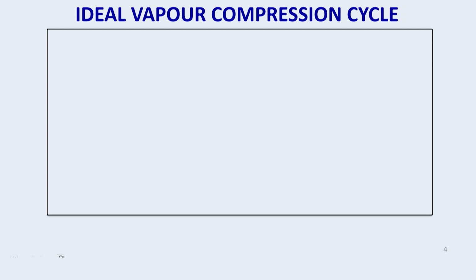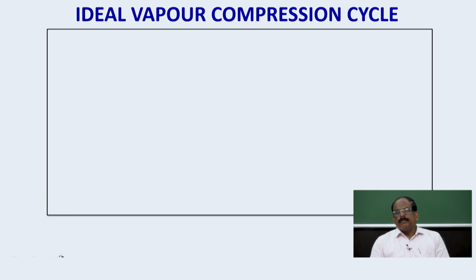If we see the ideal vapor compression cycle, we assume there are no losses and no pressure drop. So whenever we say isobaric process, the pressure of the refrigerant entering a particular component will be equal to the pressure of the substance leaving that component.